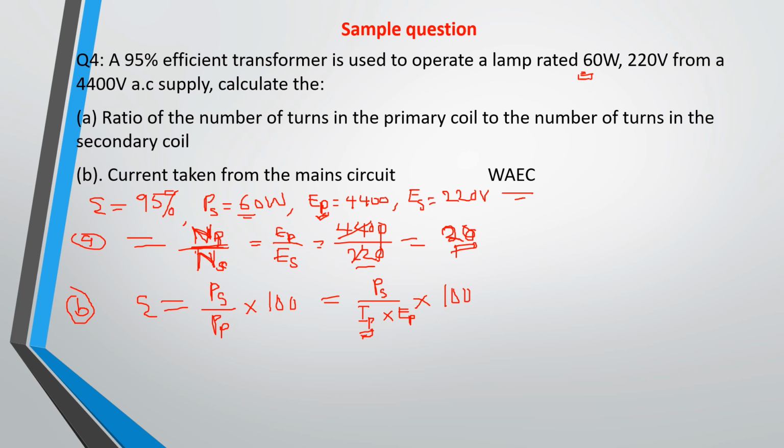So you can actually make the main current of supply your subject of the formula, but before then you can write this as efficiency is given to be 95. So you write 95 is equals to PS, which is power in secondary, is equals 60, all over current in the primary multiplied by the voltage, which is 4400.